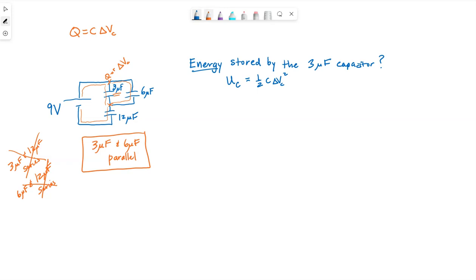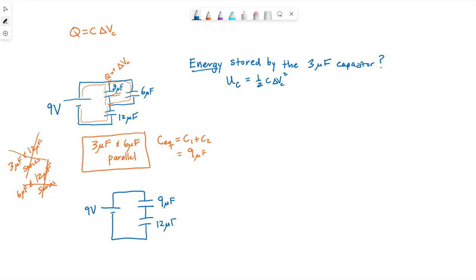We know in parallel we can find an equivalent capacitance by simply adding them up. So here we have a 3 and a 6, so the equivalent capacitance would be 9. We could draw a circuit with the same 9-volt battery, but in place of the 3 and the 6 in parallel, use a capacitor that's 9 microfarads.